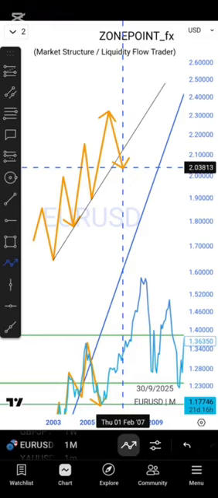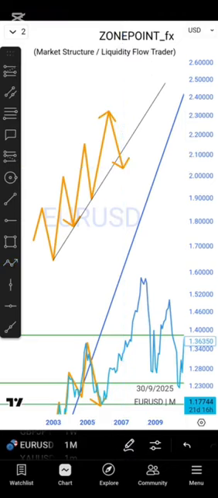Once market breaks this trend line below, what am I expecting? Where am I expecting the market to react from, as a key level? Let's say this is the monthly time frame.